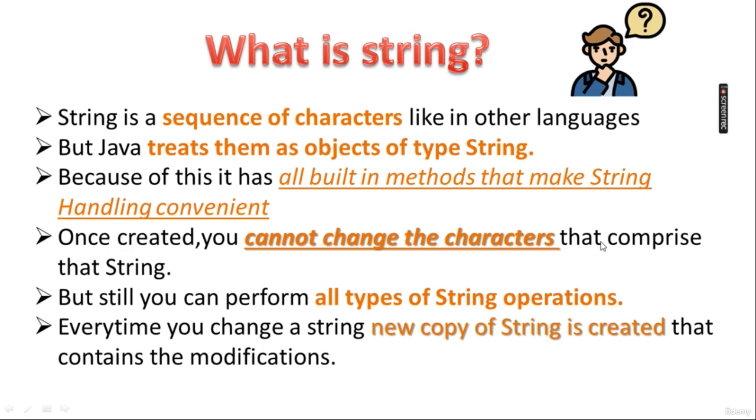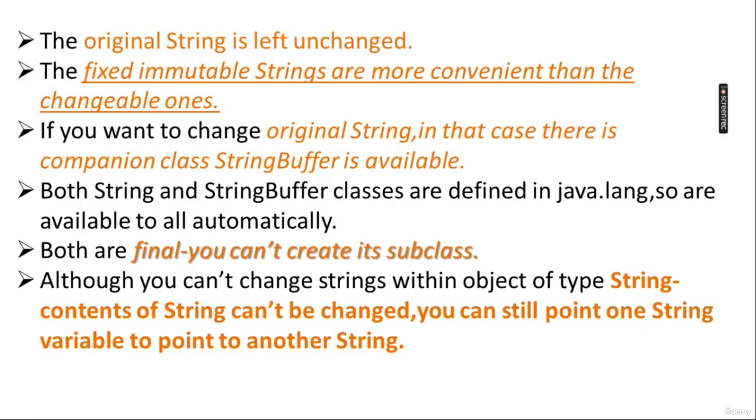Its new copy is created in the background and that copy will be modified. The original string you created while initializing will remain intact. Every time you change a string, a new copy of the string is created that contains the modifications. The original string is left unchanged.